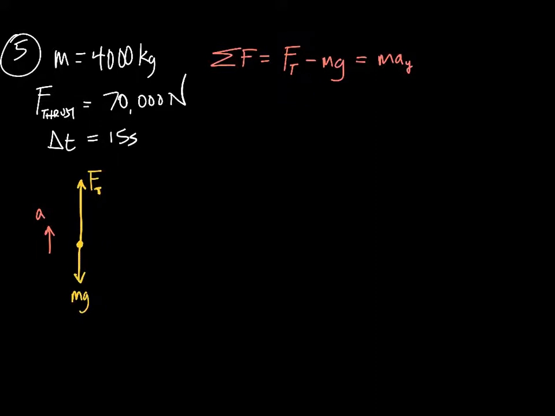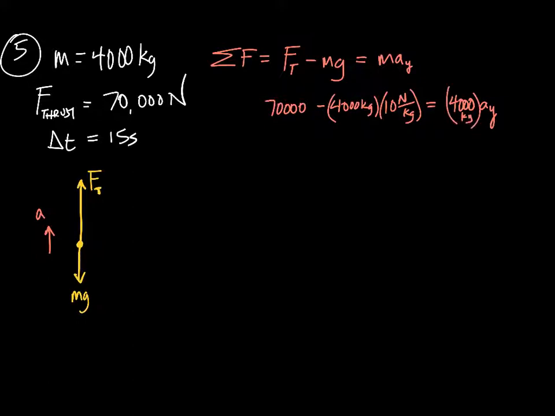So if I put in the numbers, 70,000 minus 4,000 kilograms times 10 newtons per kilogram equals 4,000 kilograms times acceleration in the y direction.